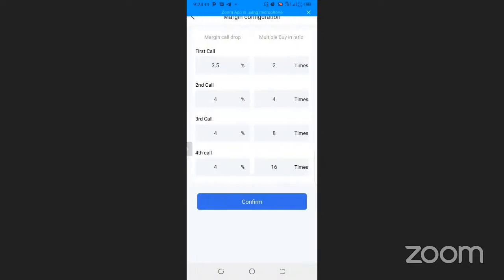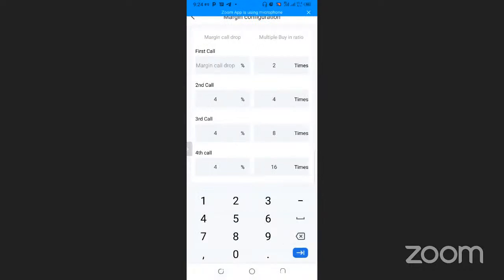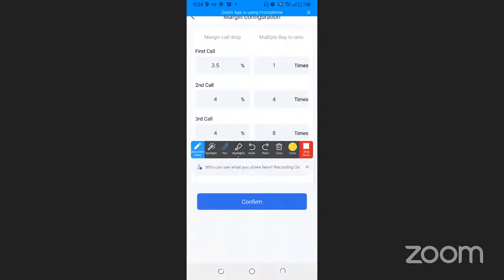Now we move to our margin call configurations. What is our margin call configuration? First call: if the market drops to 3.5%, we say, Royal Q bot, please buy 1 time for me. That means if I have $200 or $240, my first call is $20.